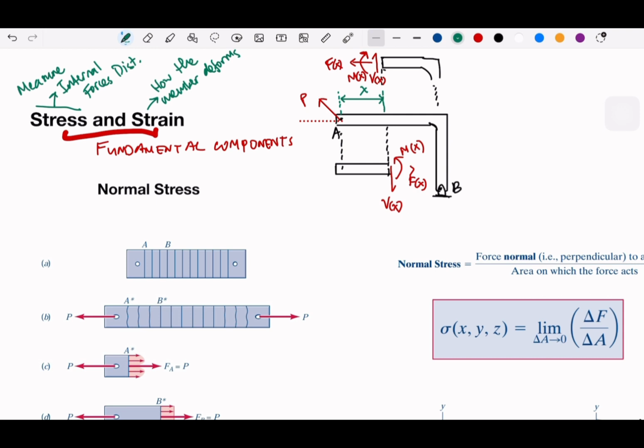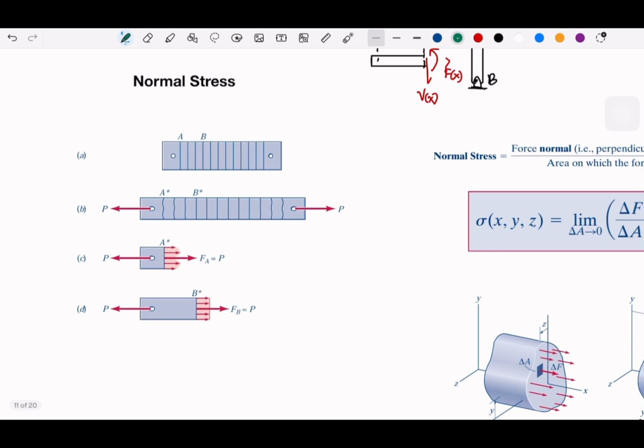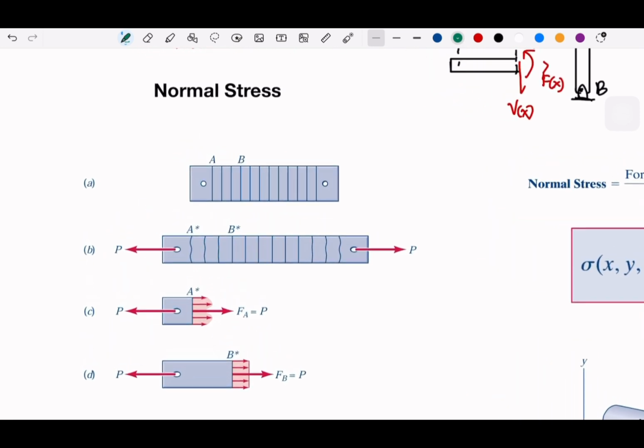Okay, now we start from the normal stress, the simple one. So let's say we have this, the process A, B, C, D. From the process A, this is the undeformed bar, which is basically just a bar with some holes for pulling the bar, and then it is going to be deformed by a force of P. So we have P, the force that is applied.